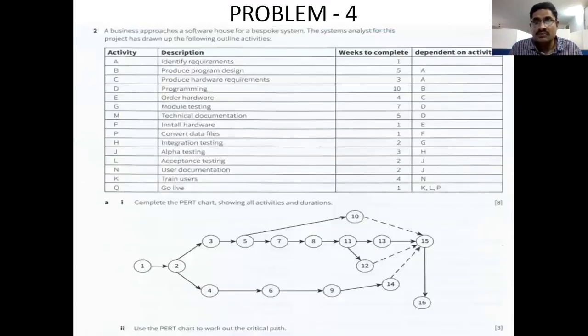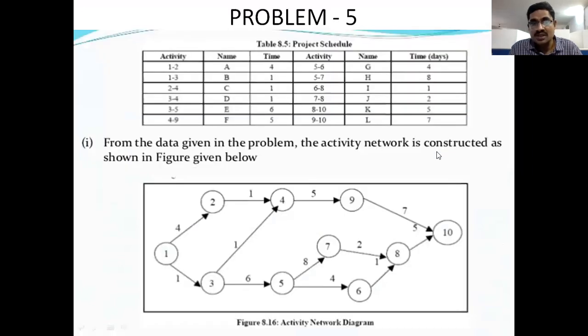Only they give activities in the form of numbers, and they give times for each and every activity. That's it. Based upon this, we can find out the critical path and draw the network diagram, right?